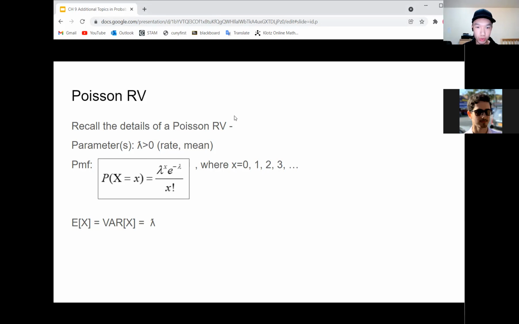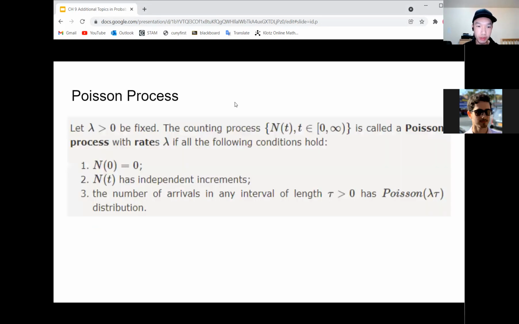Now let's go on to more detail on what a Poisson process is. So let's take a look at this slide here. So we're given a lambda, right? That's what we need for a Poisson random variable. Let lambda be greater than 0, and it's fixed.